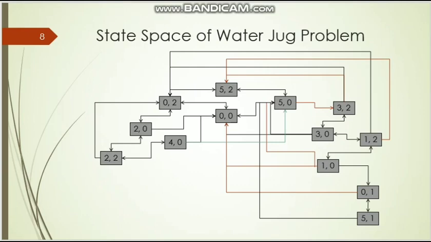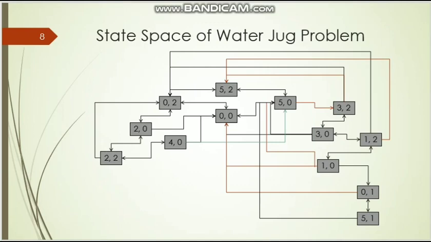From here, if we pour water from X jar to Y jar, then 2 gallons will come here and 1 gallon will be remaining. Now if we throw all the water from the Y jar, then it will be 1, 0. Again, if we take water from X jar to Y jar, then 1 gallon of water will come over there and this will be 0. So that is the goal node that we are getting, right?